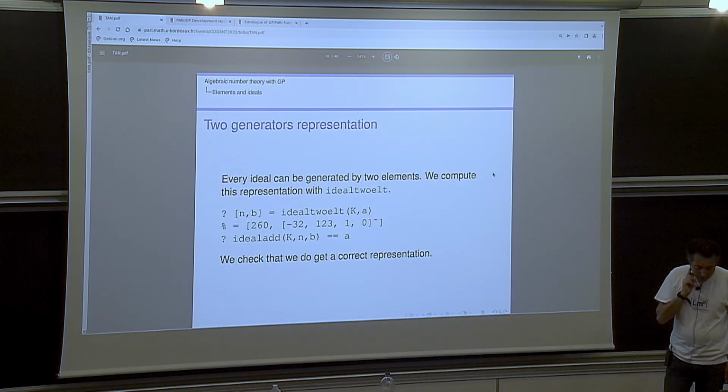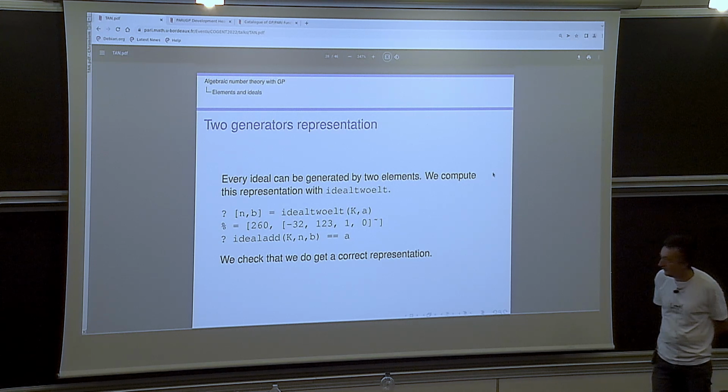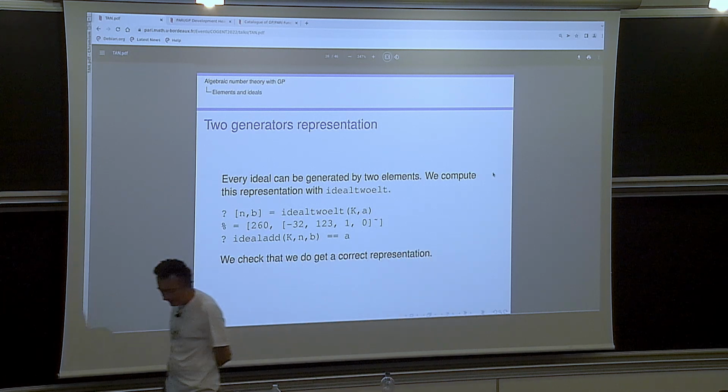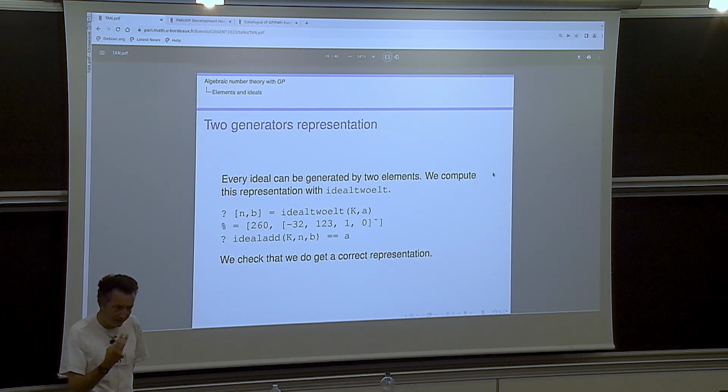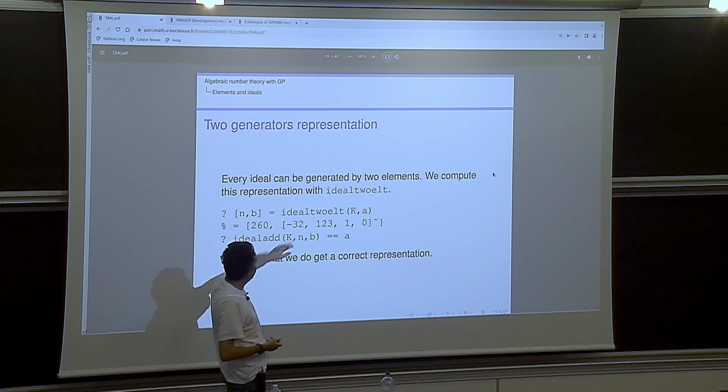Okay, there is a fact that in a number field, an ideal can always be represented by 2 generators, and there is a function ideal two-elt that does that for you. So if you have an arbitrary ideal, it will find a representation with 2 generators.